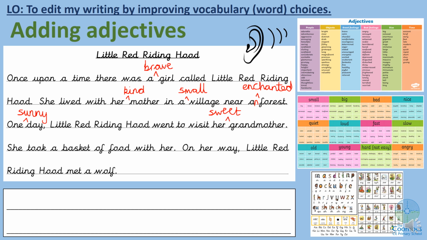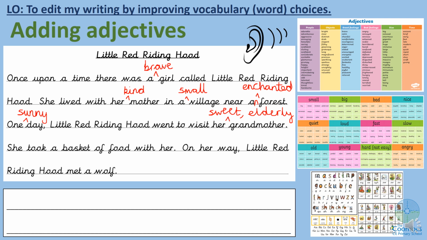So I might say her ancient, her aged, her elderly. I like elderly, so I'm going to say she went to visit her sweet elderly grandmother. So one sunny day, Little Red Riding Hood went to visit her sweet elderly grandmother. Lots of adjectives in there. I've done a good job on that one.